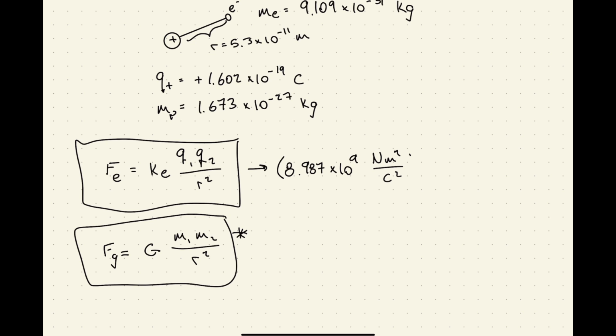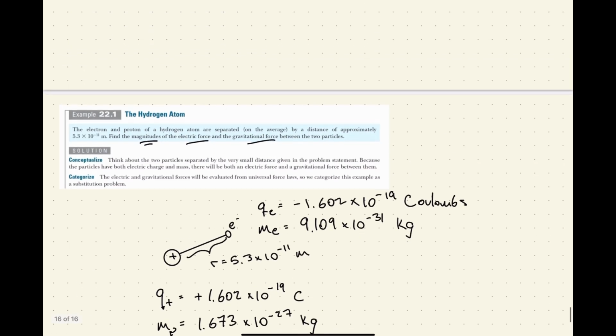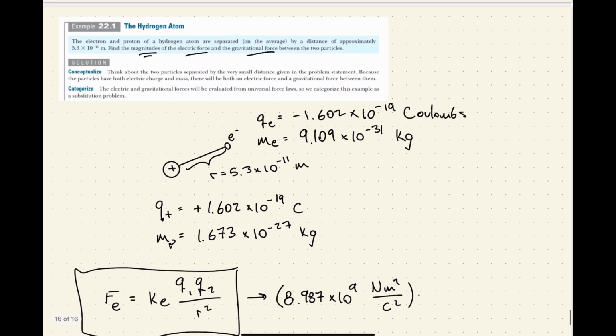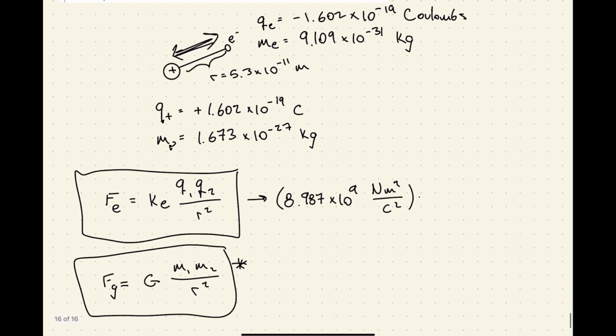Cool. We multiply this by, well, this is asking us for the hydrogen atom. We're finding the force between these two guys. So we multiply by one thing, which is negative 1.602 times 10 to the negative 19 coulombs. I'm writing the units there as well because it's nice to have units.